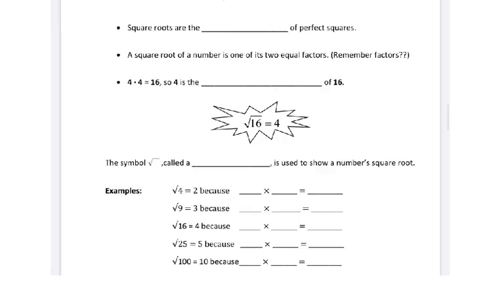Now, remember we are going from squares to square roots. Square roots are the factors of perfect squares. Okay, a square root of a number is one of its two equal factors. Remember factors. Factors are the numbers that multiply together to get your number.